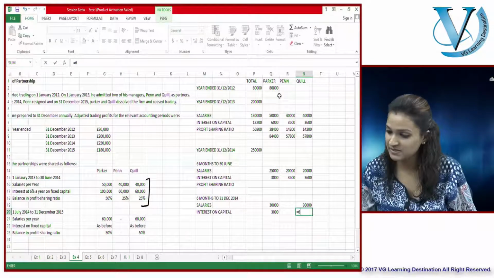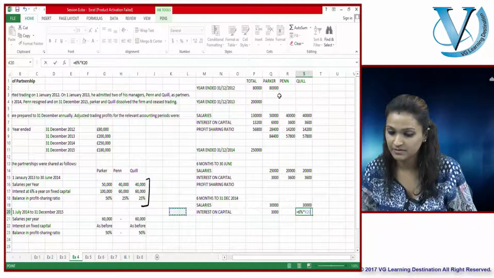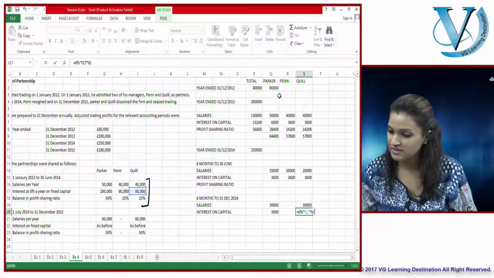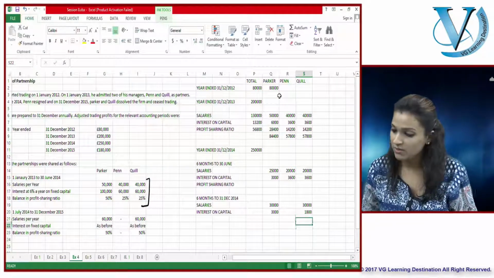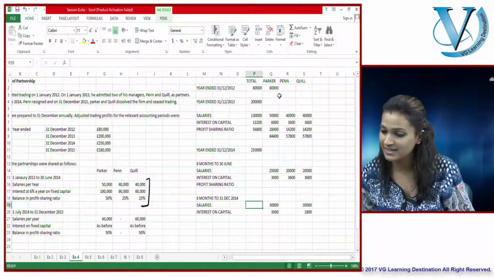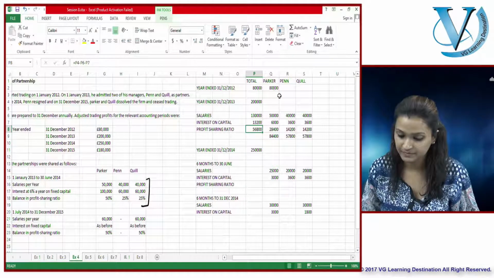Similarly, we have 6% taken for a period of 6 months. Right? What next? Let's now have a balance as to what is left. Let me just sum up.